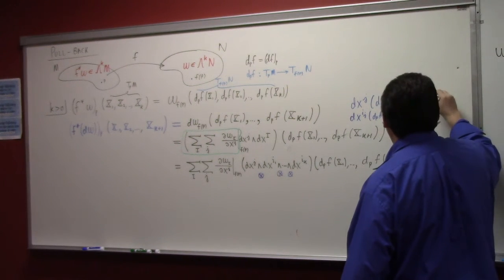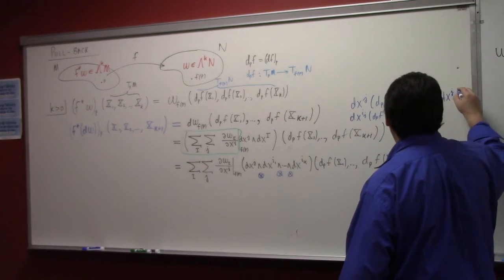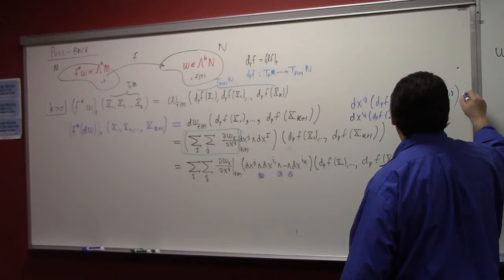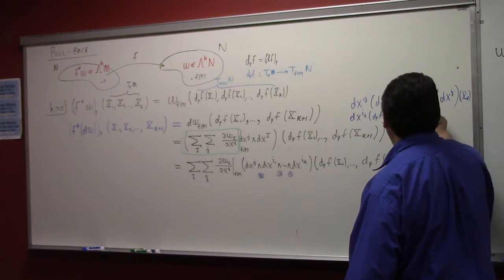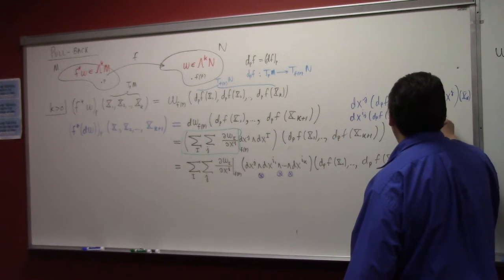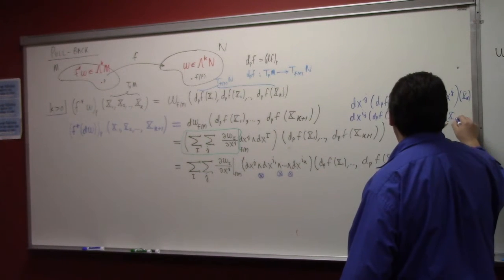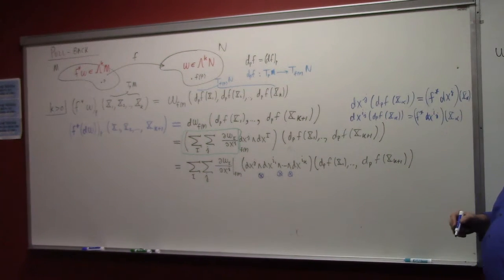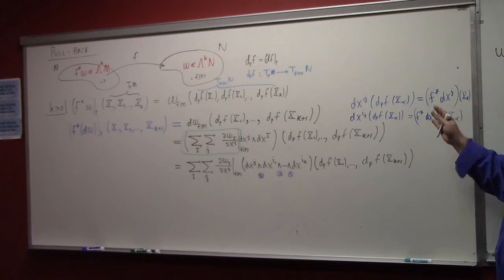That is f pullback the differential of x j acting on x alpha, and this is the pullback of dx i j acting on x alpha. But since that's all happening in the completely anti-symmetrized tensor product, it's the wedge of these things.